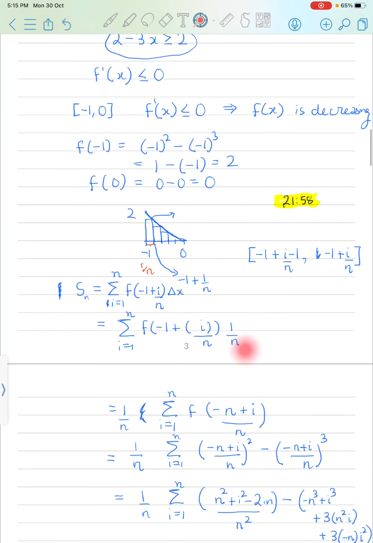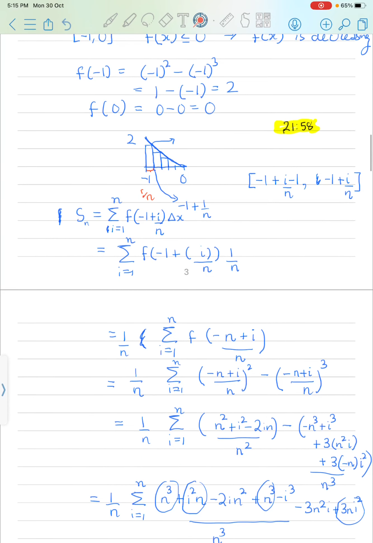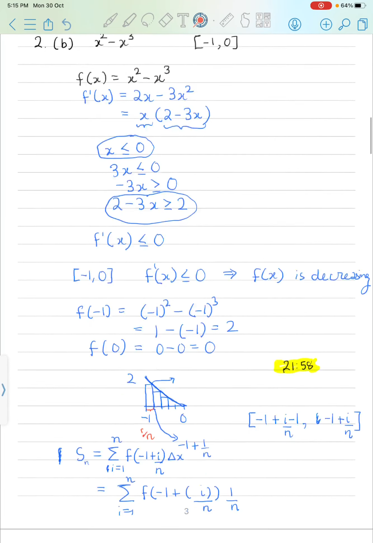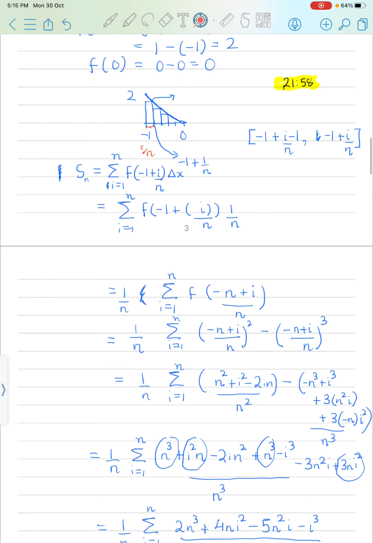Now I am taking 1 by n outside. This is f of minus 1 plus i by n. Now f is x squared minus x cubed, right? You can see it here. I have written it out.